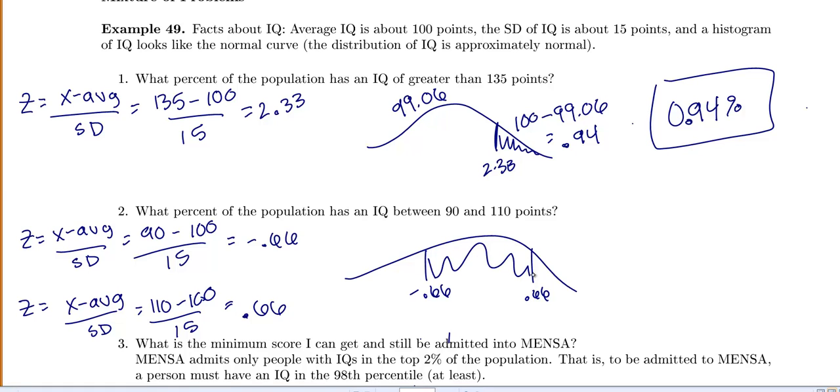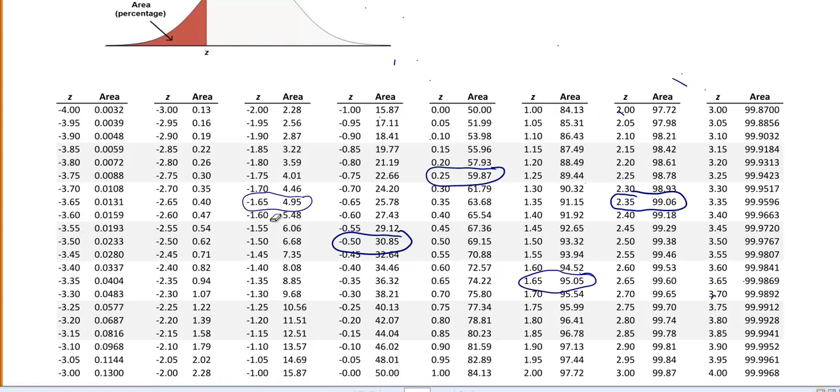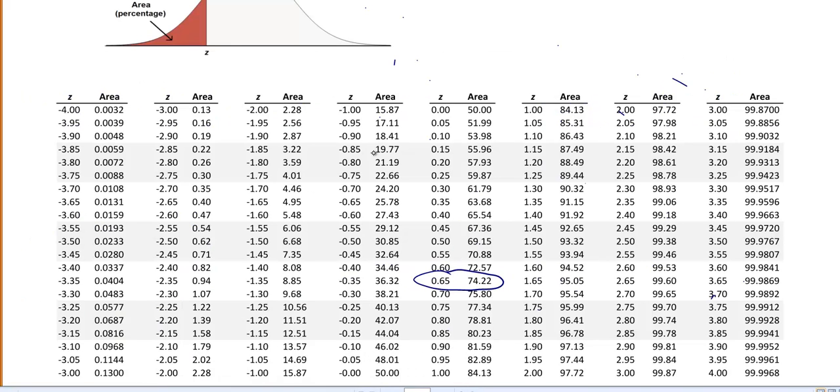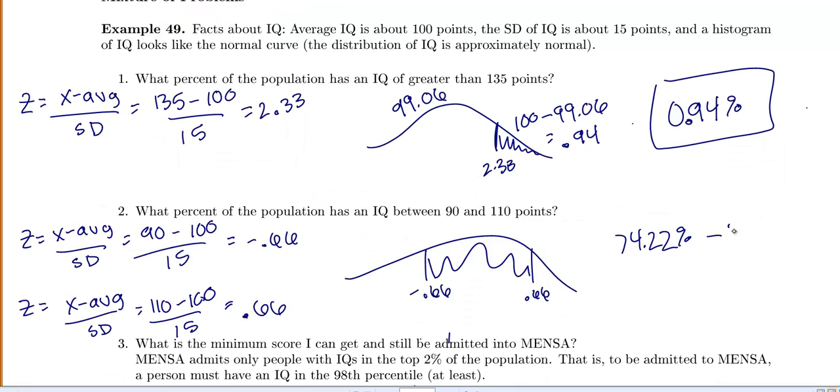So remember, to find the area in between, we just find each of the individual areas and subtract. So if I look at 0.66 or 0.65, that seems to be the closest, so 74.22 minus, and now look up my negative 0.66, so 25.78.